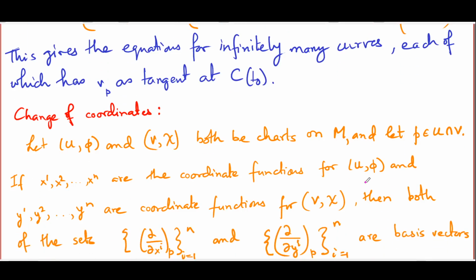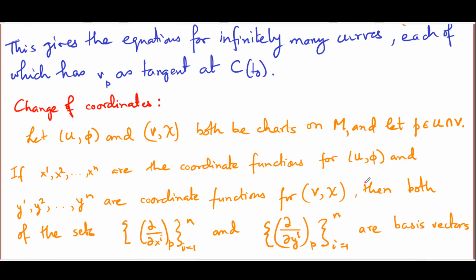Now the vector space TPM has two different bases. One is the set of basis vectors provided by del xi p's, i running from 1 to n. The other is the set of basis vectors provided by del yi p's, again i running from 1 to n. An immediate question that would arise is, how are these two different basis sets related to each other?